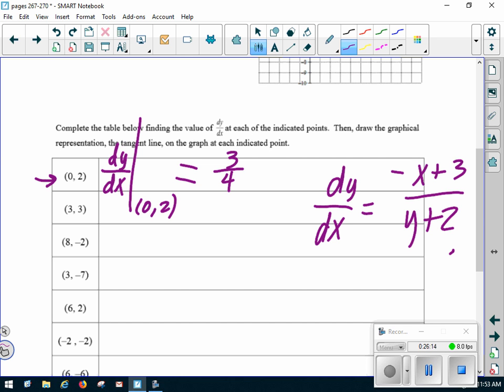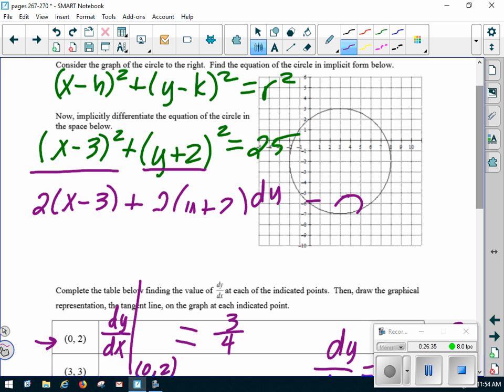Now, this is where your ruler comes in. I want you to go to the point 0,2 on your circle. Wait a minute. What's dy dx mean? The derivative, aka the slope of a tangent line. So we're going to go back up and we're going to find the point 0,2.